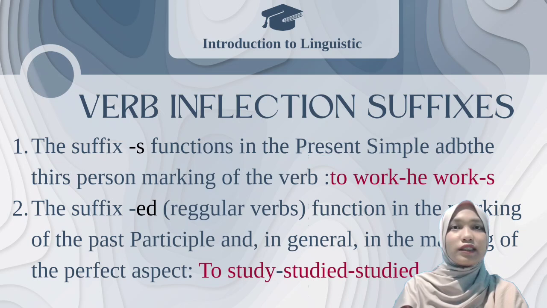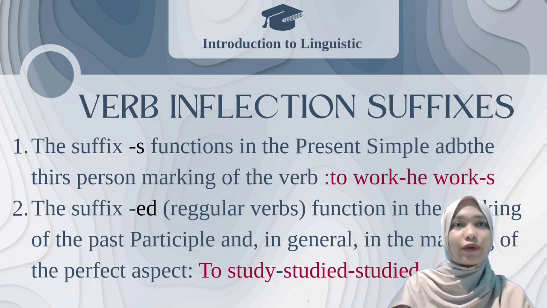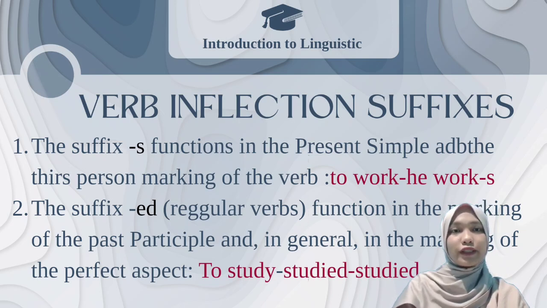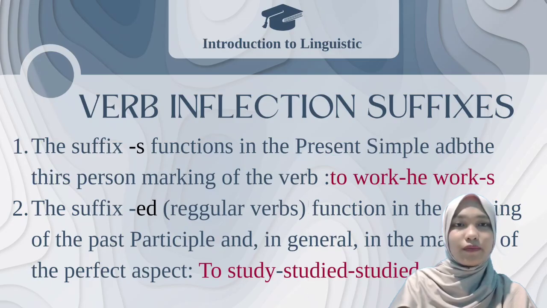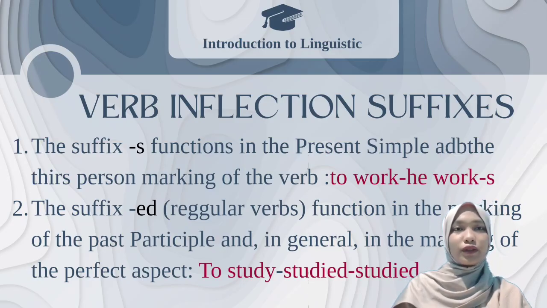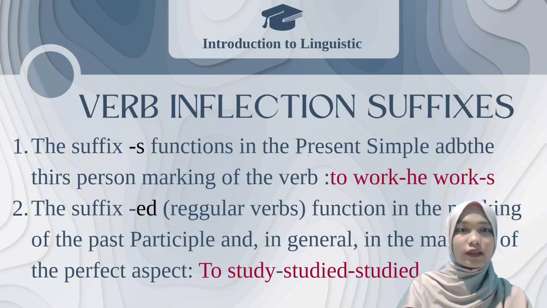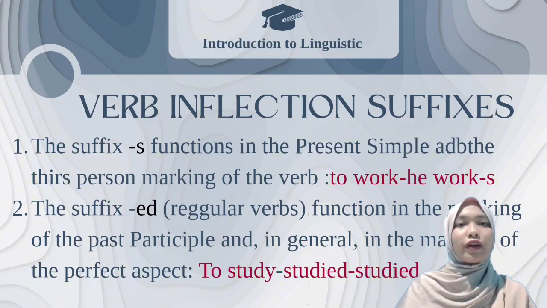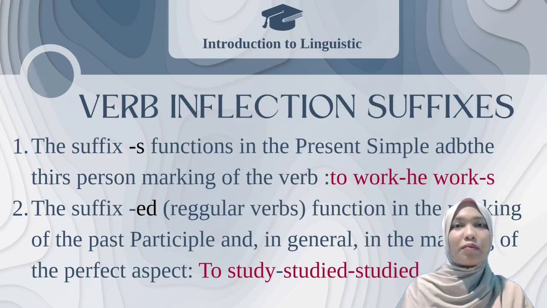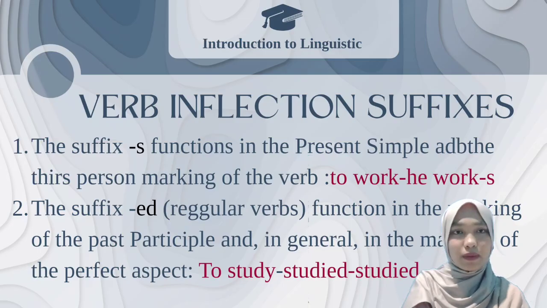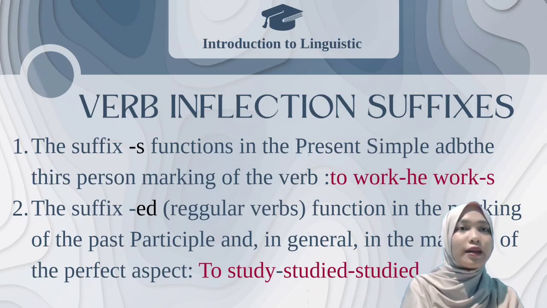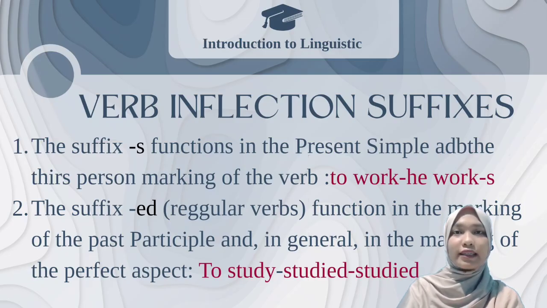The first is the suffix s, which functions in the present simple to mark the third person of the verb. For example, to work becomes he works. And second, the suffix ed for regular verbs functions in the marking of the past participle and, in general, the marking of the perfect aspect.